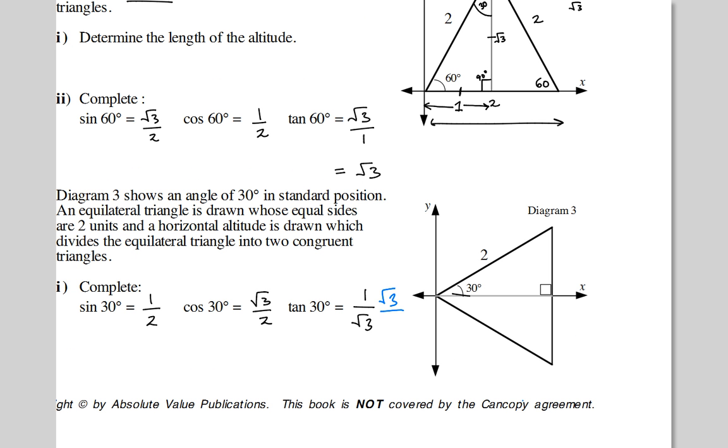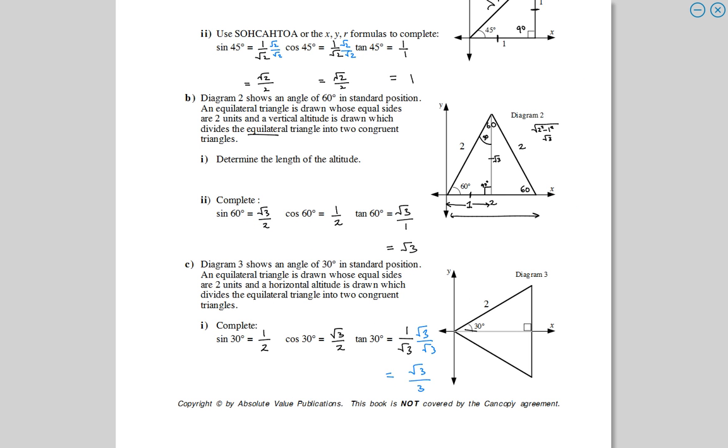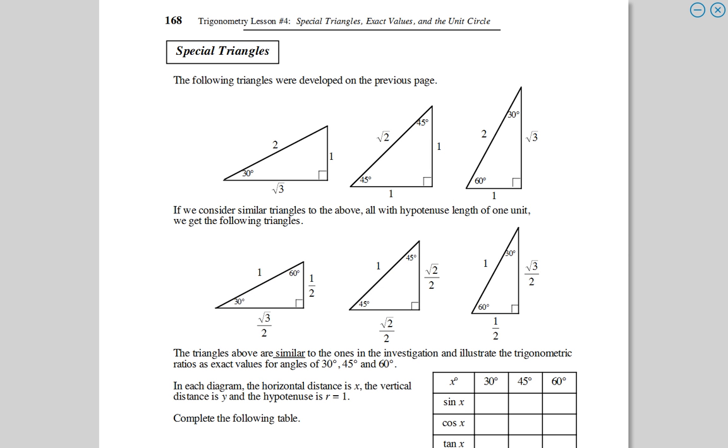So root 3 over root 3, and you get root 3 over 3. I usually like to keep the tangent one left, leave it like this, because it's super easy, but whatever. Okay, so now that you've seen these ratios and where they come from, these are the special triangles, so that's where they came from.